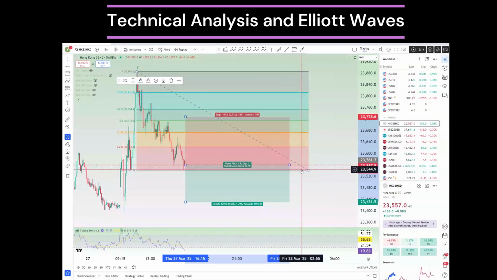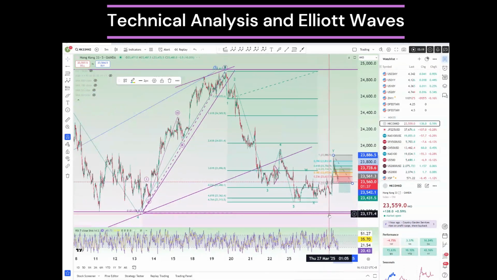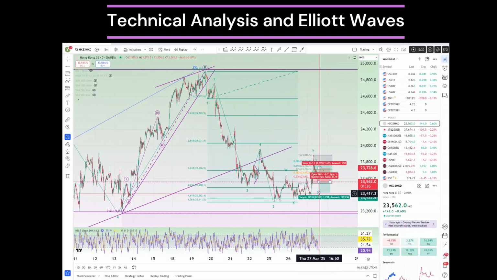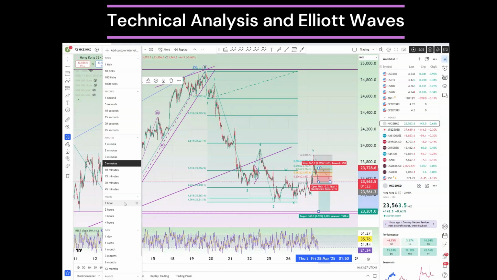So if you short Nikkei, sorry, Hang Seng, this is my suggestion. And the price target is here, right? 23201, so about 360 points. This on the 5 minutes.